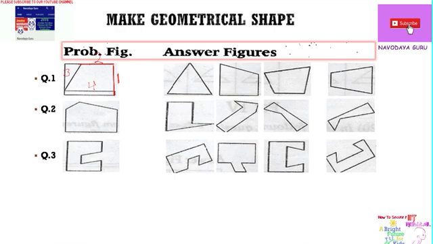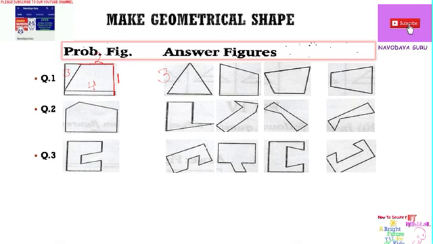Where we drew, here the three sides are straight, and the fourth one is slant. Let's go to answer figure. In first figure, this is not the answer because we need 4 sides, but there are 3 sides, so this is not our answer. Let's go to answer figure 2.